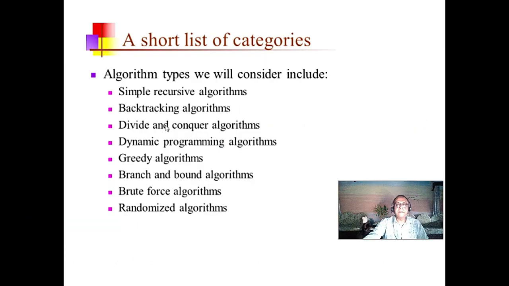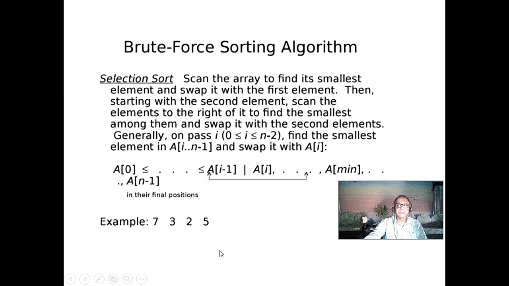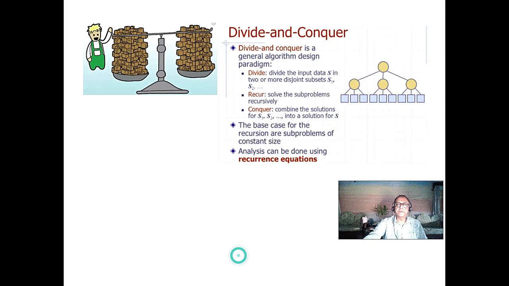Yeah, these are the divide and conquer and dynamic algorithms. I have not covered divide and conquer merge sort. Backtracking I have not covered. I'll cover it in some opportunistic time. Brute force sorting algorithm like selection sort I have covered. This is divide and conquer.